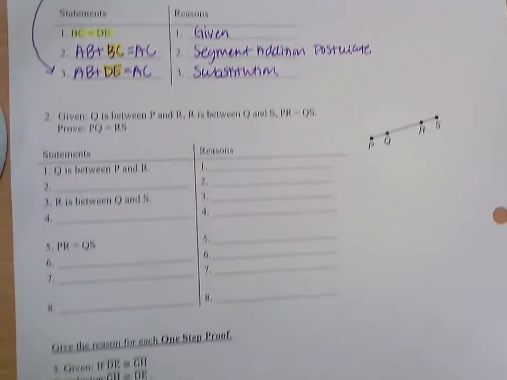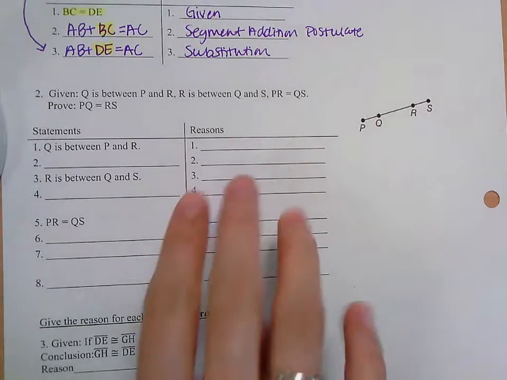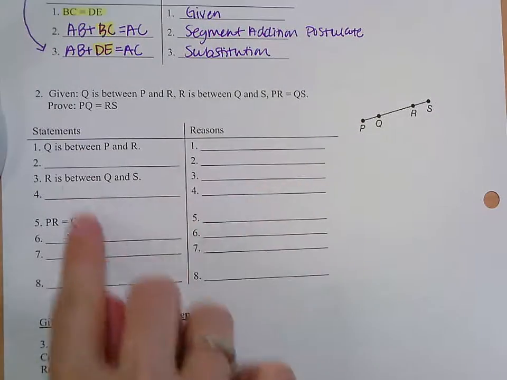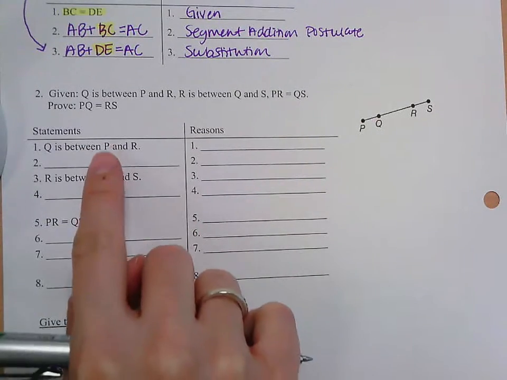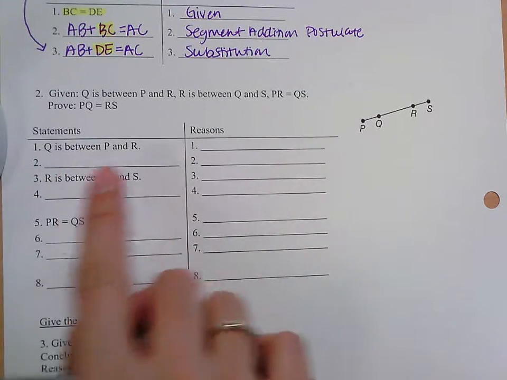In the second example, we're given a few different things. Again, all I filled in on the proof, because we're going through it together, is what you're given. I filled it in in different places, not all in line 1.